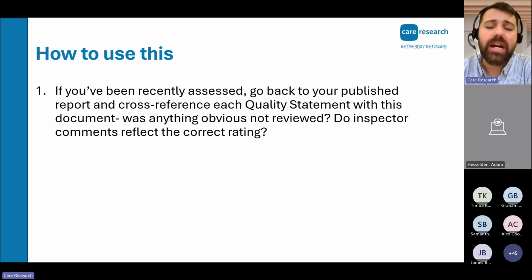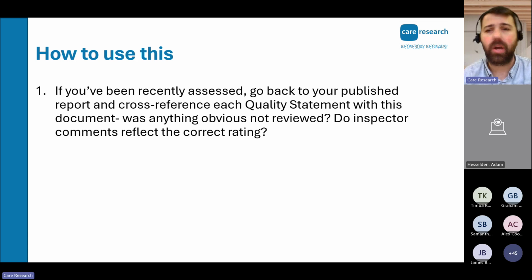Does the language match? I'm not saying that it's going to be a slam dunk argument, but if you can show that your report doesn't really include any of the characteristics and areas CQC say they are looking for in each of these quality statements, or perhaps even more so, that there are key characteristics listed here that weren't even considered, that is a relevant point to make. Doesn't mean they're going to chuck the whole thing out and start again.